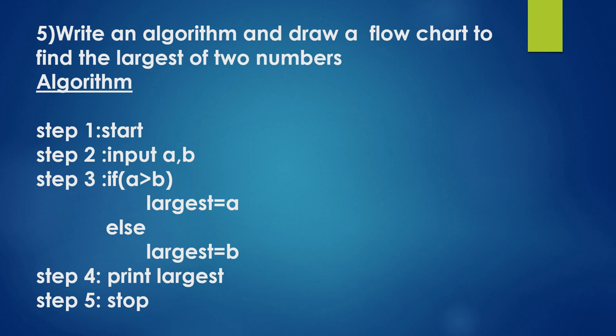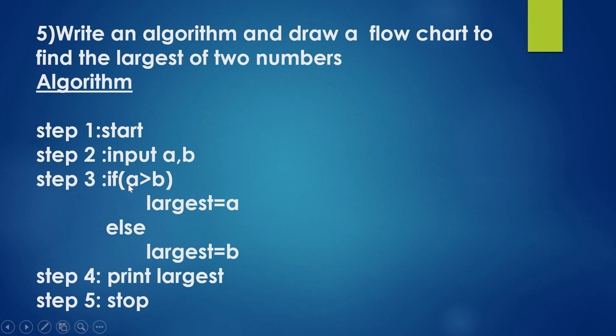Then, how to write that algorithm? Step 1, start. What are the inputs? Two numbers. The two numbers we are representing using the variables A and B. Then, how to find out the largest value? We have to check one condition. For checking the condition, we are using if.